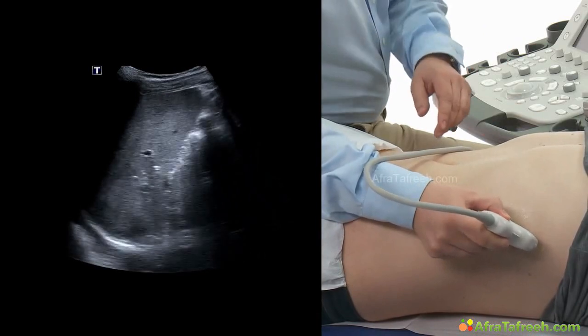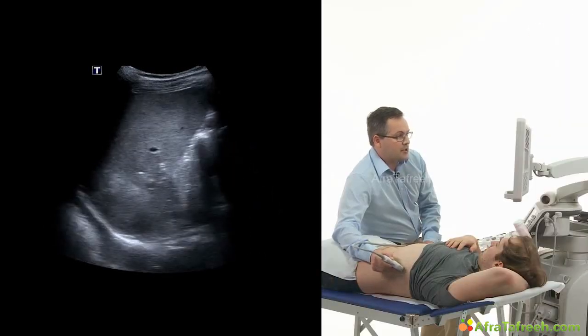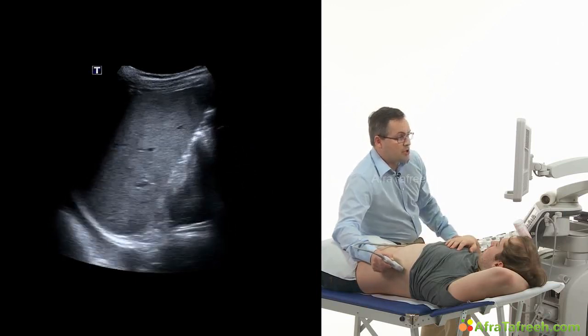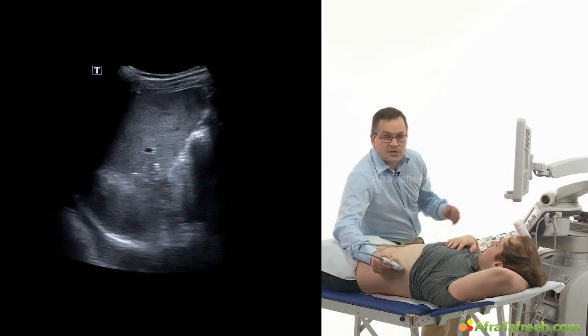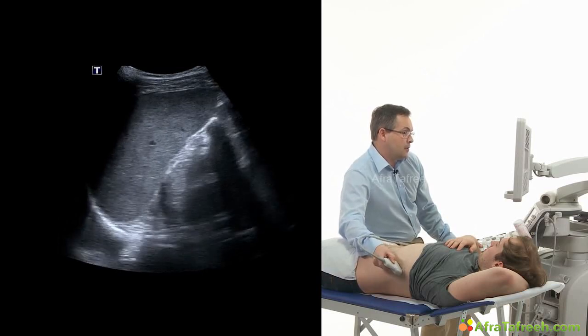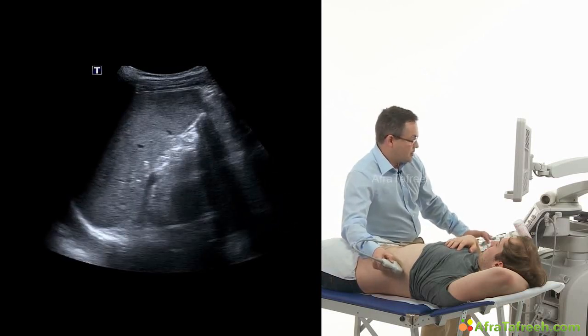Over there we tilt the probe to get the best image of this triangular organ with a quite homogeneous echogenicity, which is slightly higher than the one of the liver. So over here we can identify splenic tissue.